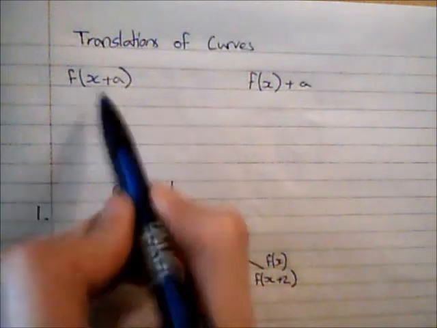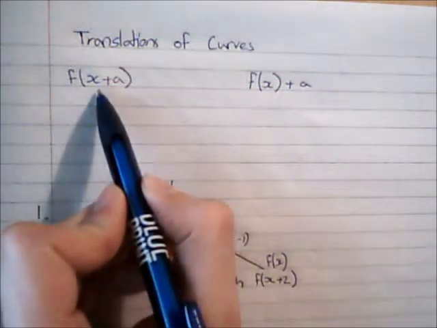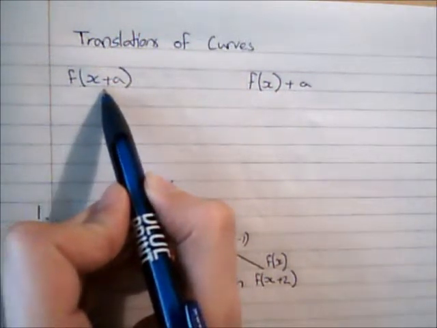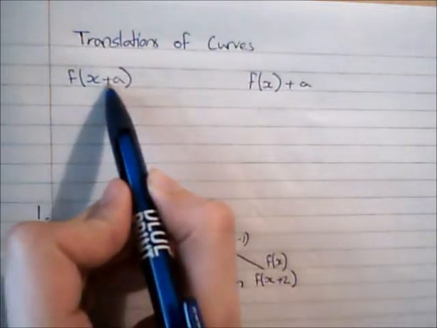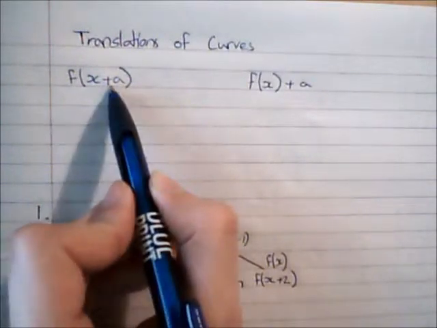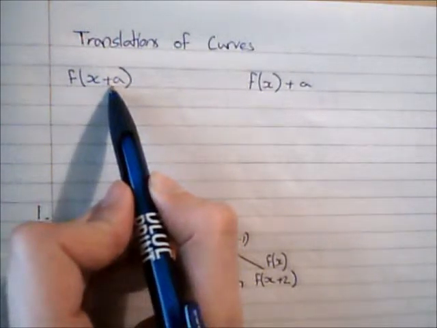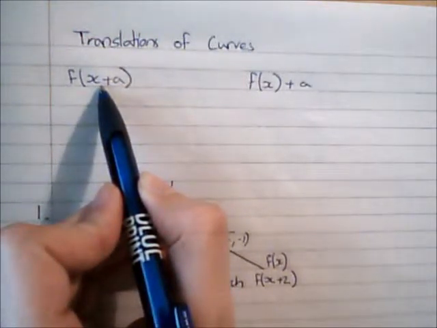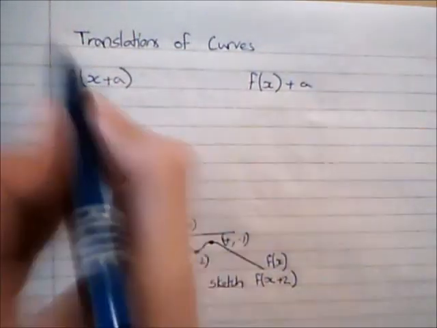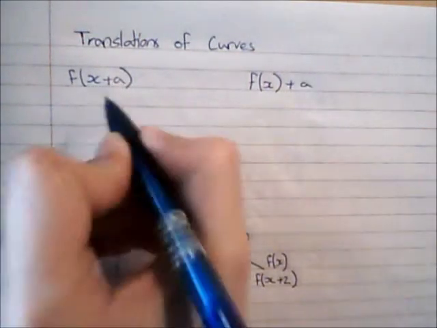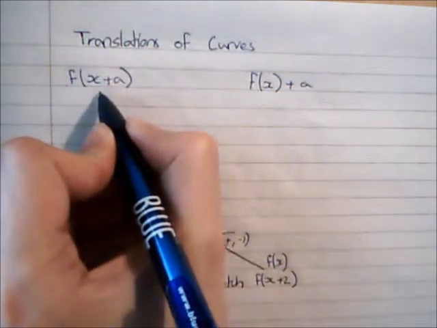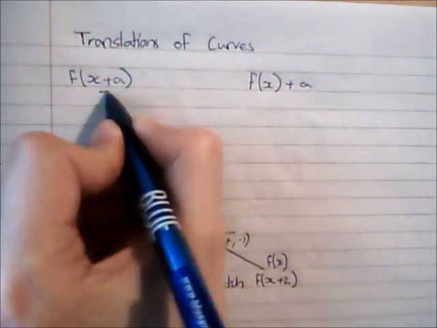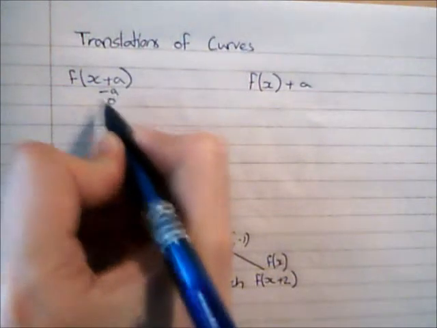Any function in this form, where something is added or could be subtracted from the x-coordinate, is going to affect a movement in the horizontal direction. It's going to be a translation, and the vector is going to be negative a, 0.